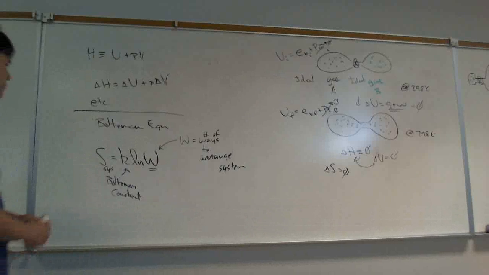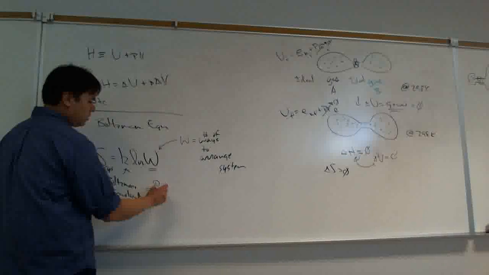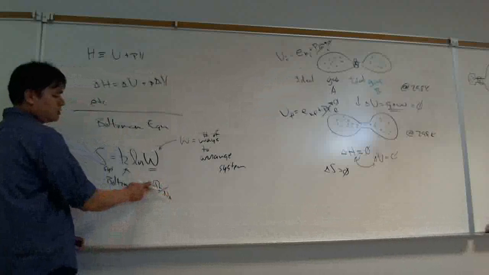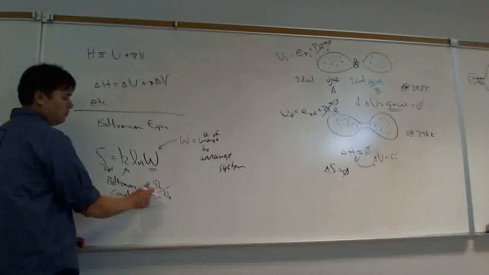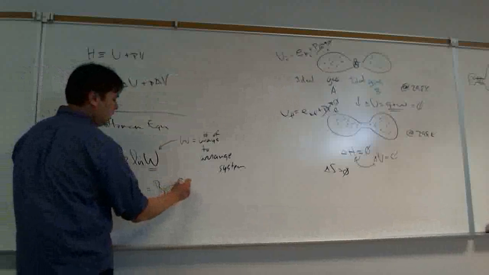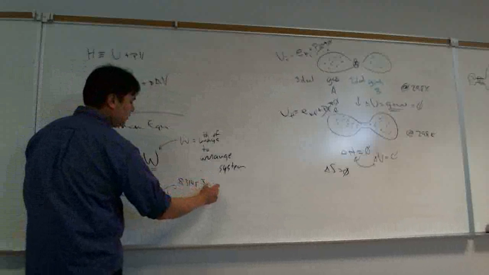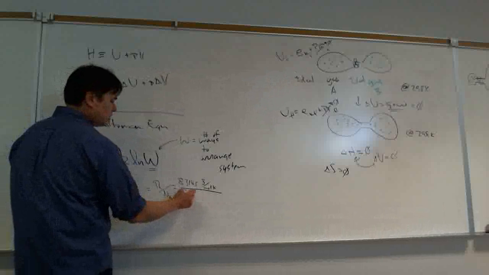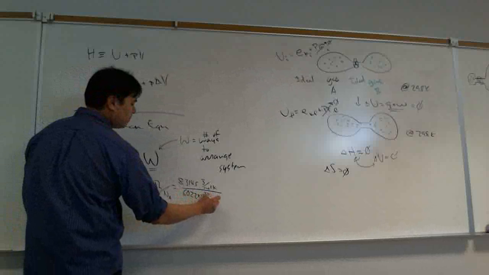Let's figure out the Boltzmann constant. If we want to calculate it, it's just R divided by N sub A. R is 8.3145 joules per mole Kelvin, and N sub A is Avogadro's number, 6.022 times 10 to the 23rd per mole.